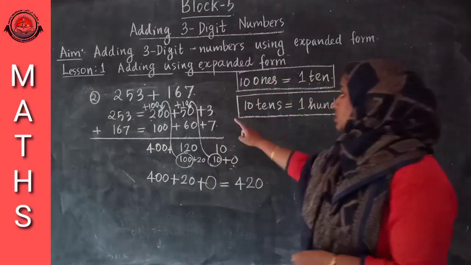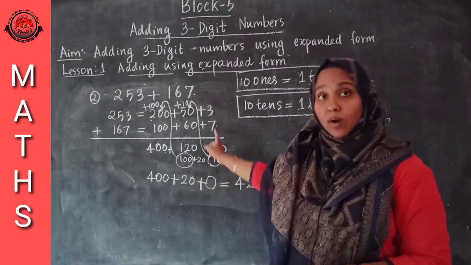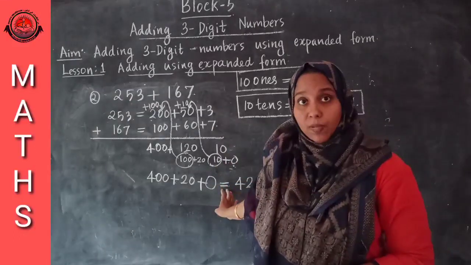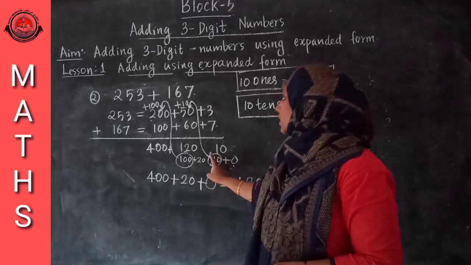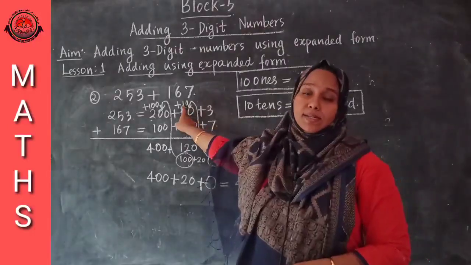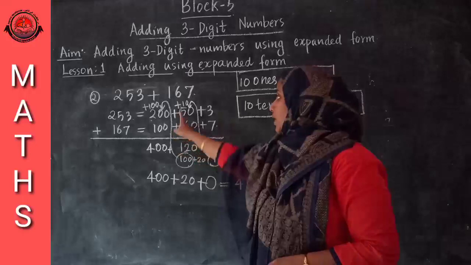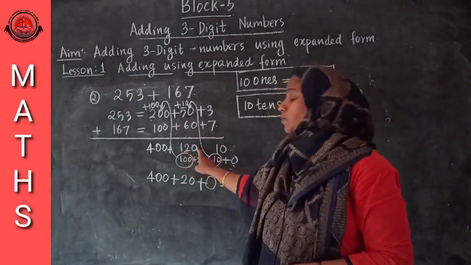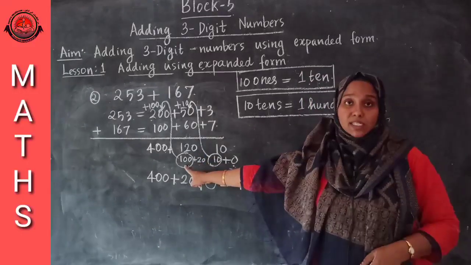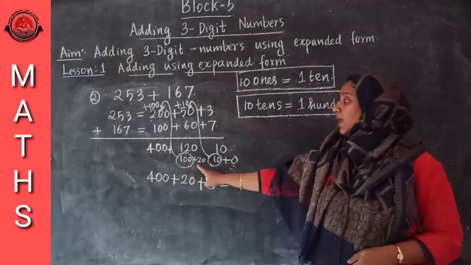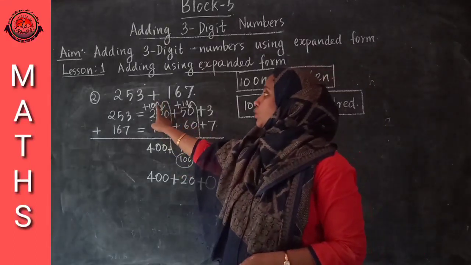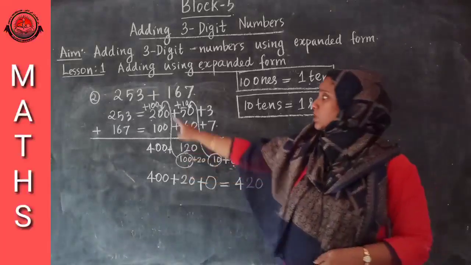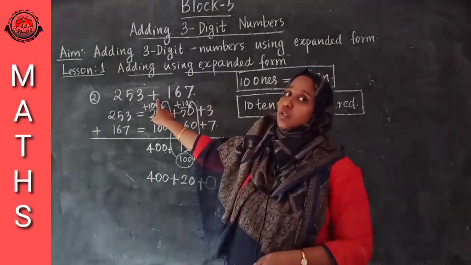If in the ones place we get 2 digits on addition, then we have to split that number into expanded form and regroup it into the tens place. And if in the hundreds place we get a 3-digit number, then we have to expand that number, and that 100 we have to regroup into the hundreds place. Its place is not there, it's here.